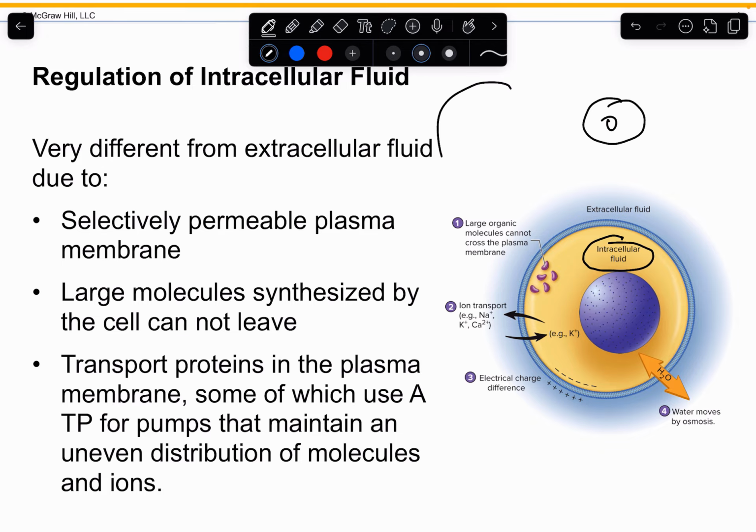Enlarging or shrinking from that is not a normal case. Either too dehydrated, this is dehydrated, or they become swollen. So the main factor controlling intracellular fluid movement, going in and going out, is osmosis.